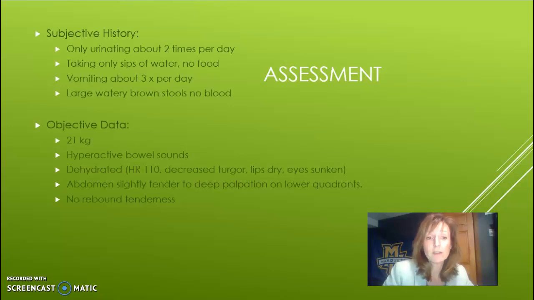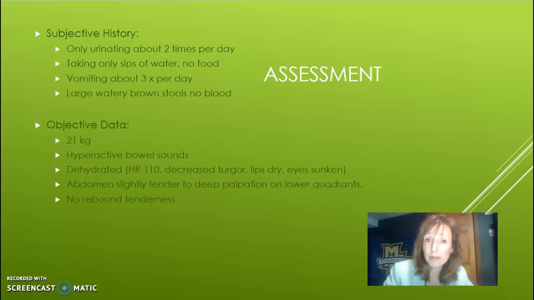So, the subjective history, the patient is only urinating about 2 times per day. So think decreased urinary output, think dehydration with that. Taking only sips of water, no food. Again, more signs that this child might be dehydrated.